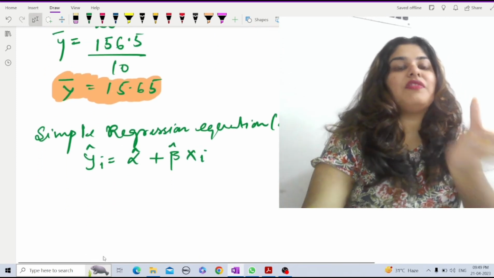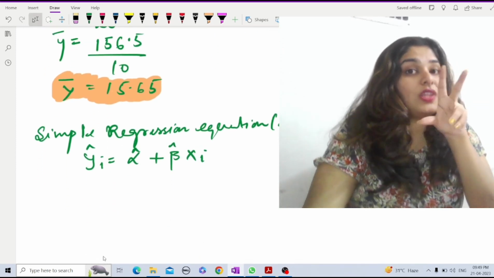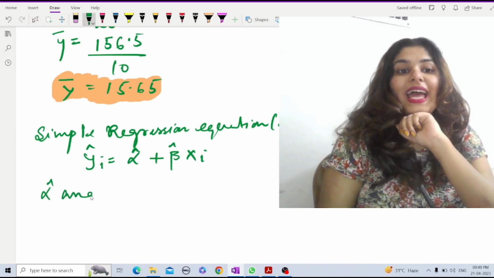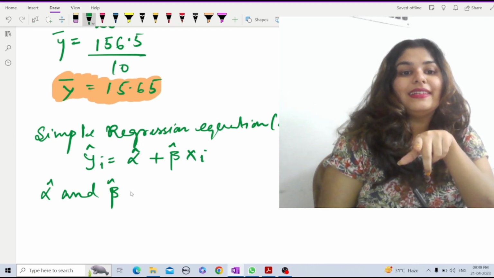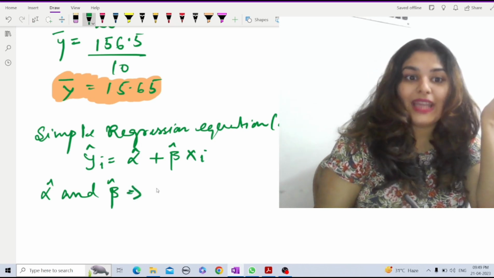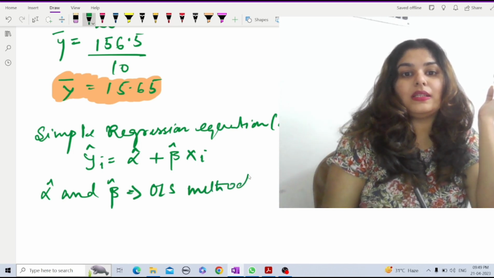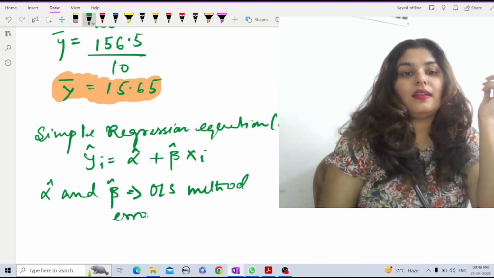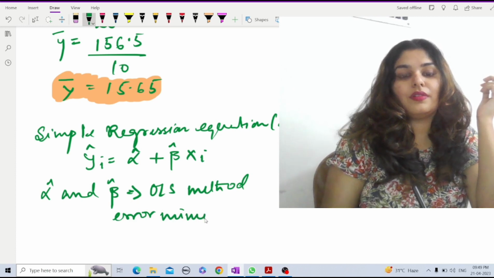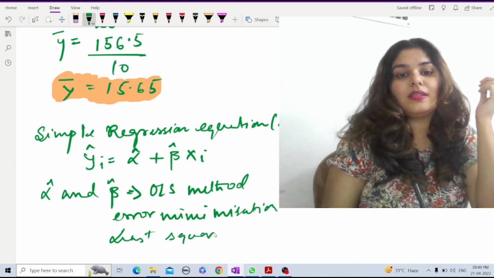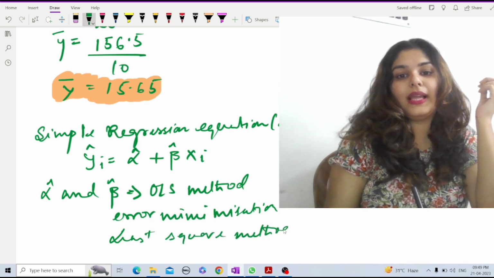Now, we have to find out this regression equation. For that, we need alpha hat and beta hat. We know that alpha hat and beta hat can be found by the OLS method. What is the OLS method? That is error minimization, or the least square method. So how to calculate it?